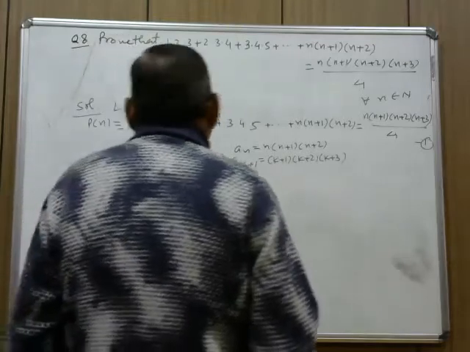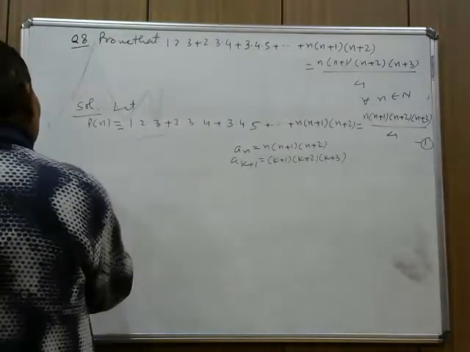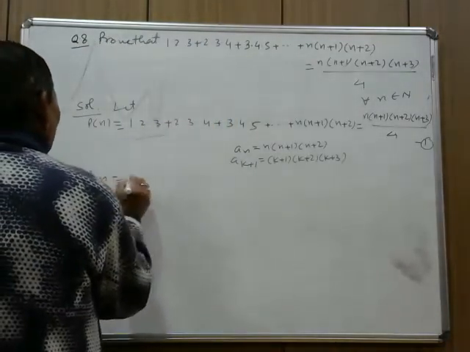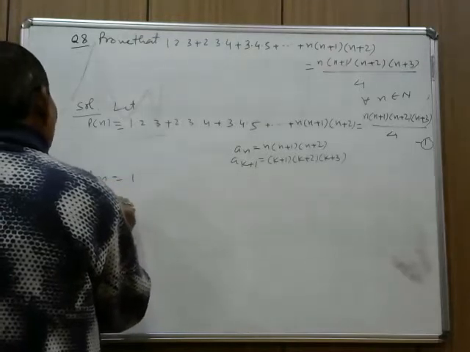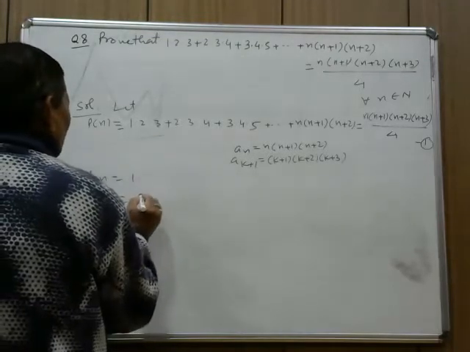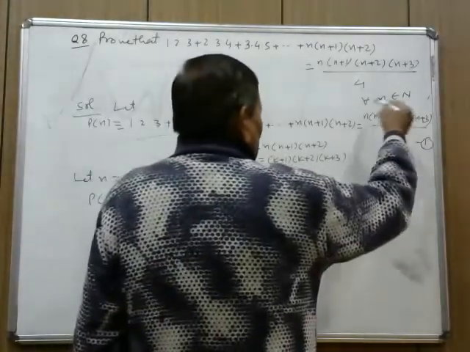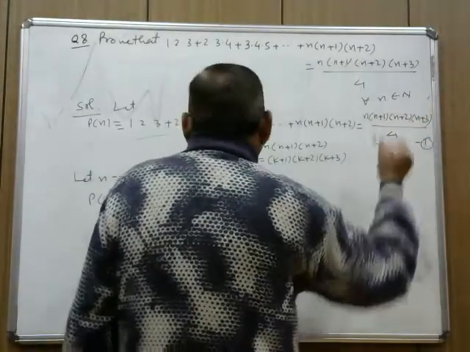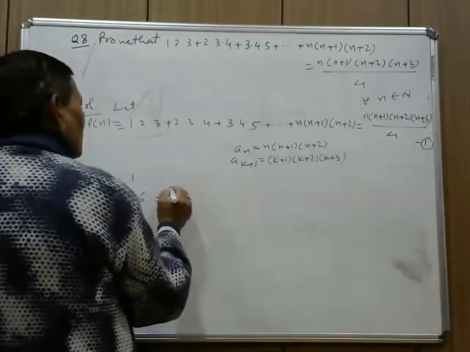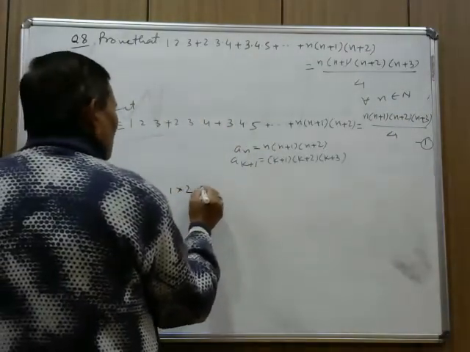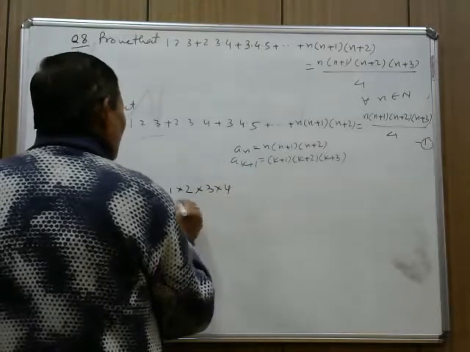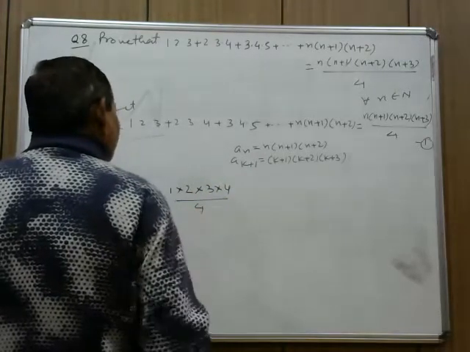And now let n equals to 1. So your P1 is the value of first term, it is 6. Now you substitute n equals to 1 in the sum, you will find 1 into 2 into 3 into 4 by 4.